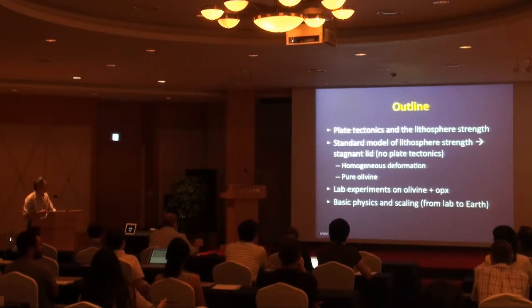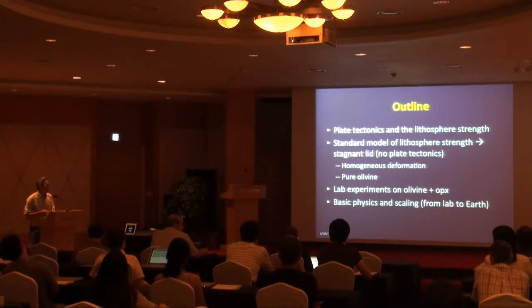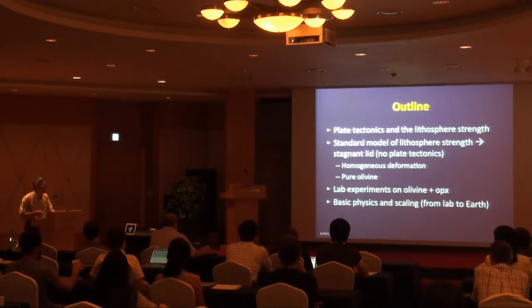And then I'm going to briefly discuss new experimental observations in our laboratory, and then show you some results by which we have laboratory results to indicate that under some conditions, the actual strength of the lithosphere can be significantly lower than the standard model predicts.